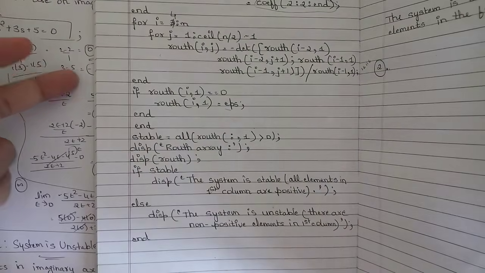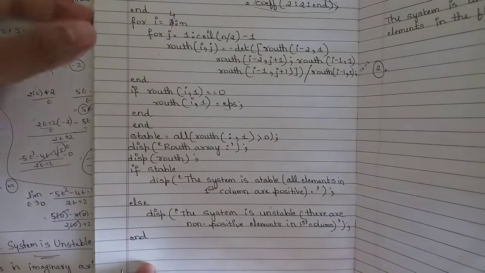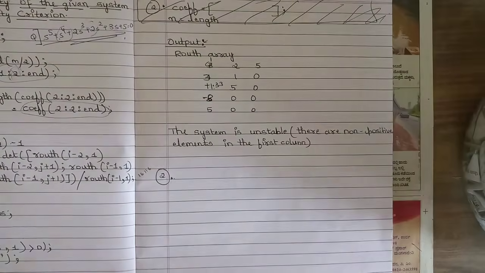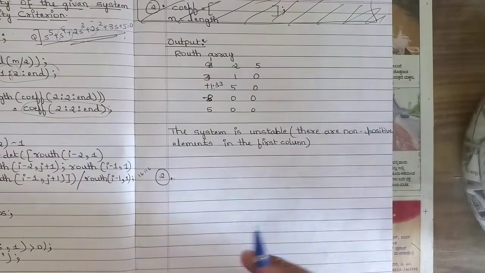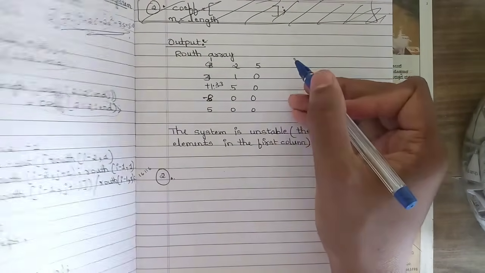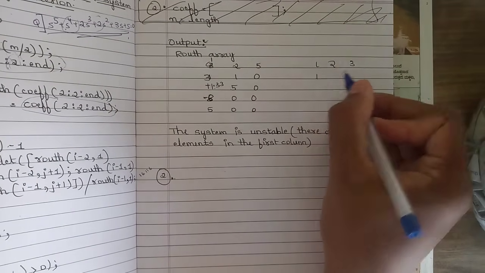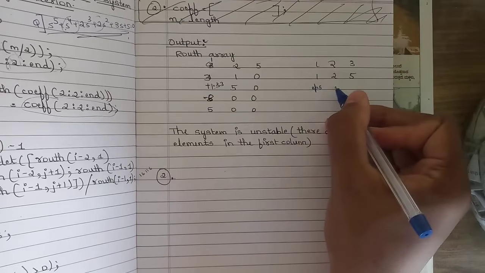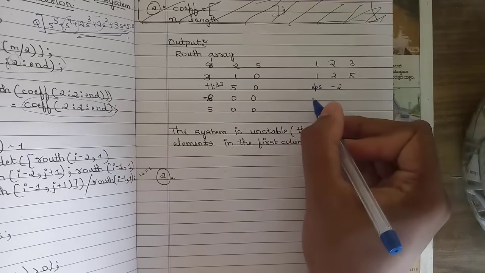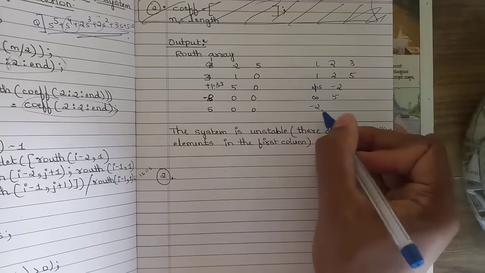According to this code, we have got an answer here. This answer is not matching, as this is for a different code, but the output for this code, I'll write it here, is 1 2 3, 1 2 5, EPS, minus 2, infinity, 5, minus 2, 5.